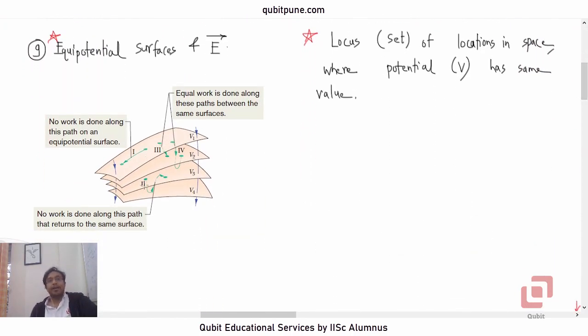Shown here are 4 different possibilities in which there are 4 equipotential surfaces: V1, V2, V3 and V4. What do we find? Electric field is always perpendicular to equipotential surface.